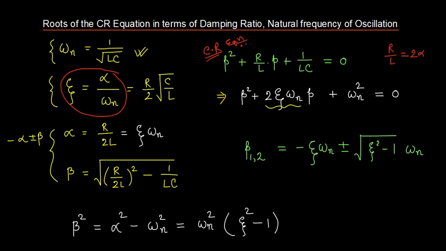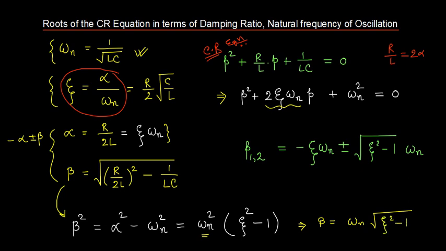So alpha comes out to be zeta omega n, and beta square, if you square it, will be equal to R by 2L whole square, that is alpha square, minus 1 upon LC, that is omega n square. If we take omega n square as common, there will be alpha square by omega n square, which is nothing but zeta square. So taking omega n square common, it will be zeta square minus 1. So beta is actually omega n under root zeta square minus 1.